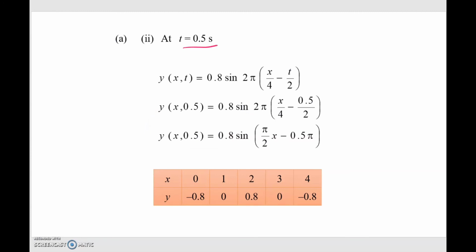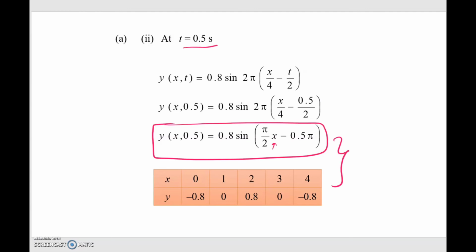You substitute t is 0.5, we will have this equation: y of x, 0.5 equal to 0.8 sine bracket of pi x over 2 minus 0.5 pi. So when you substitute x equal to 0 into this formula, you will have your y equal to negative 0.8. But don't forget to change your degree mode into radian mode.